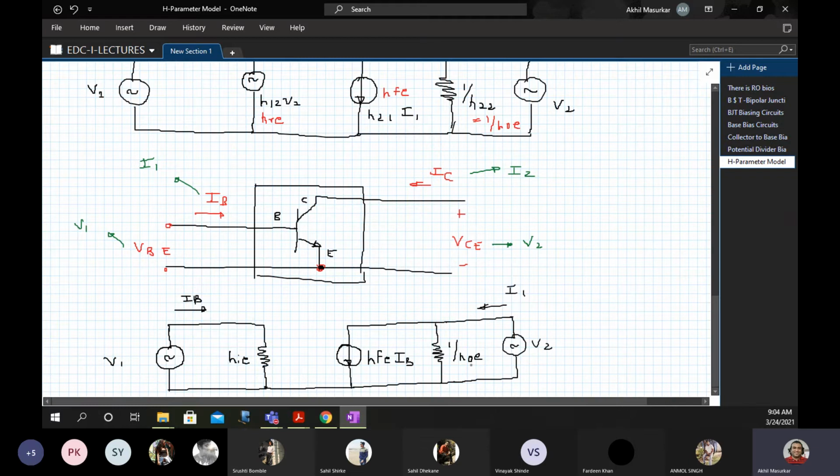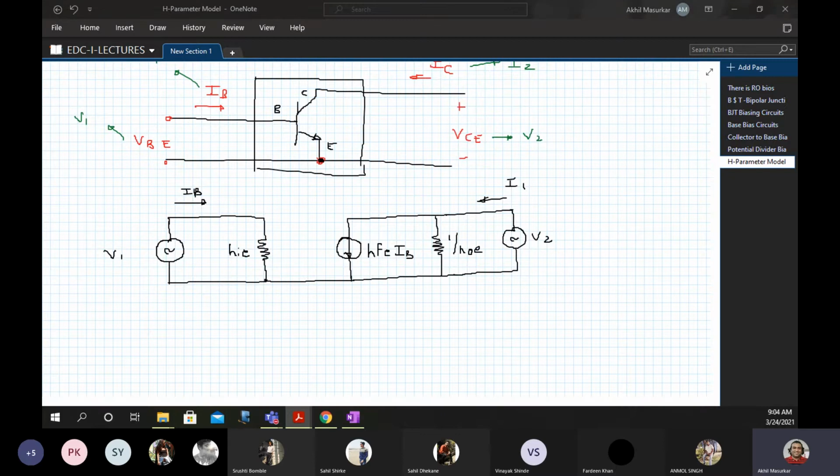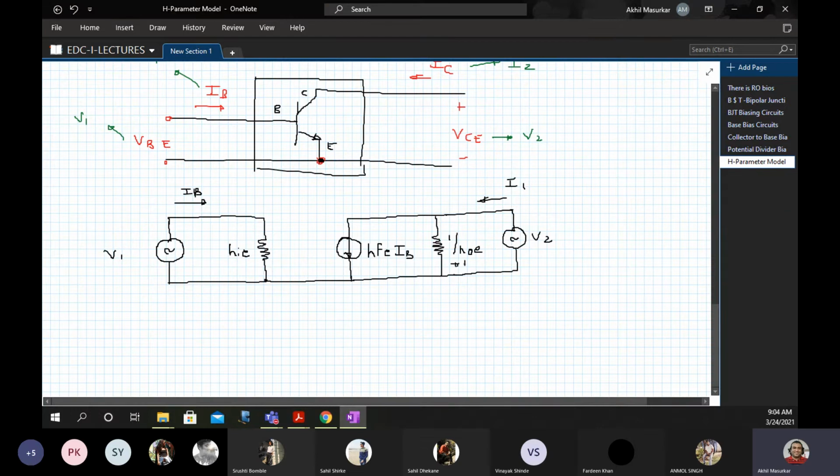Even HOE is a very high value output impedance, and that is the reason why you can show this by an open circuit. So even this tends to infinity, and that is why what we get is, this is my base, this is my collector and this is my emitter.